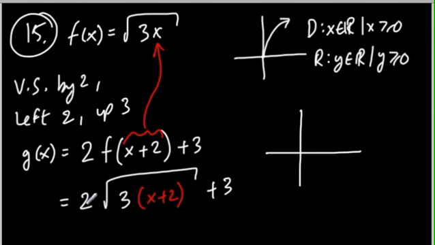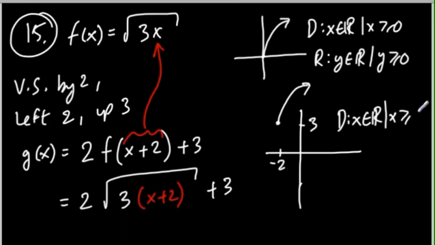The vertical stretch of 2 wouldn't change the direction, neither would the 1/3. The point would be here, but it's to the left 2 and, sorry, not down 3, it's up 3. It would still look like that. So the domain would be x is an element of reals, and x is greater than or equal to -2. The range is y is an element of reals, and y is greater than or equal to 3.